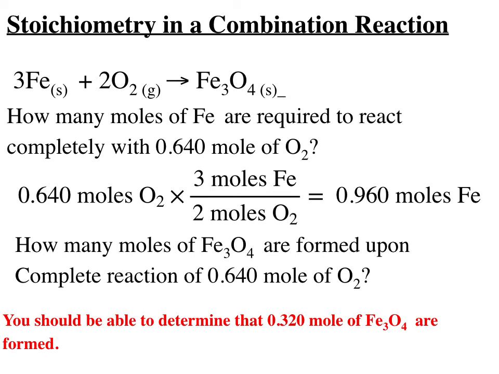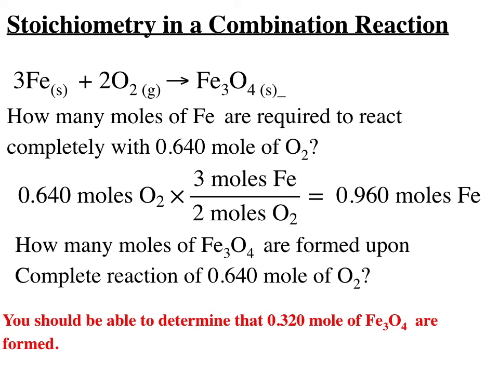How many moles of Fe3O4 would I form? Note there that for every 1 mole of Fe3O4 formed, I react 2 moles of O2. So you should be able to set that ratio up and determine that if I'm going to begin with 0.640 moles of O2, I will form 0.320 moles of Fe3O4.